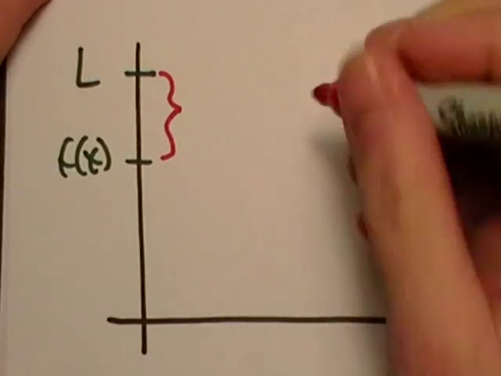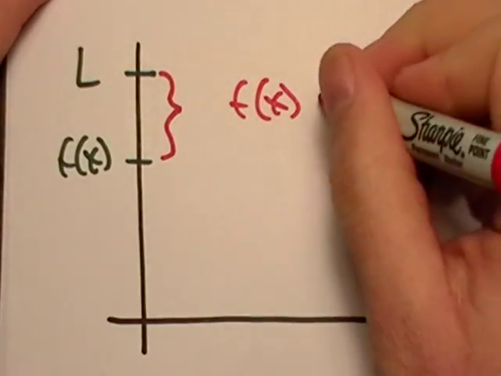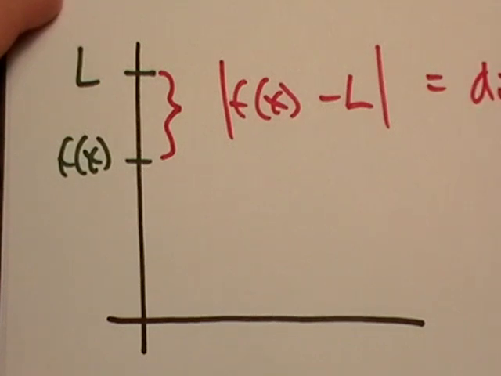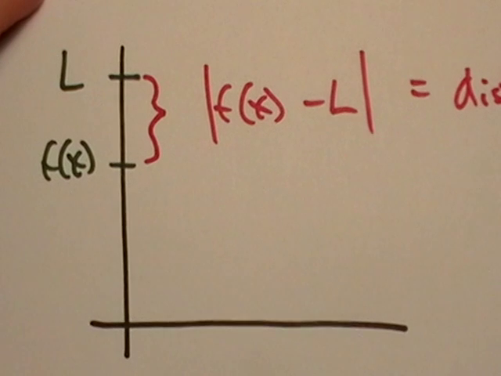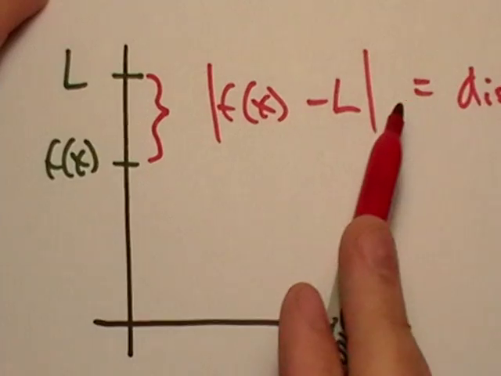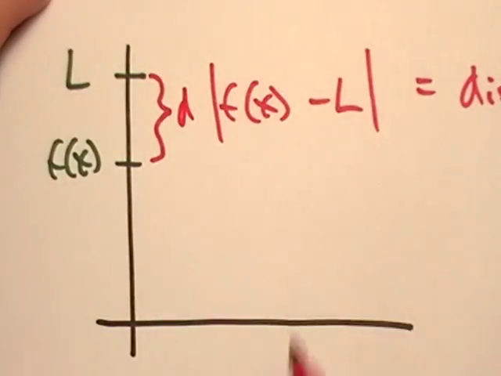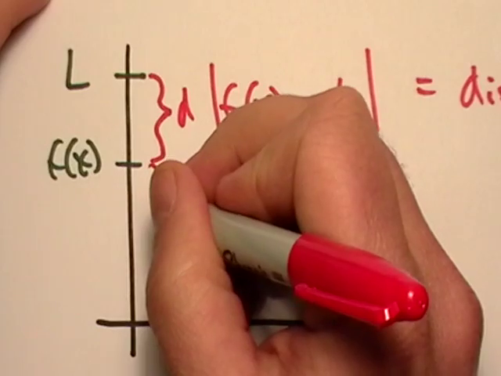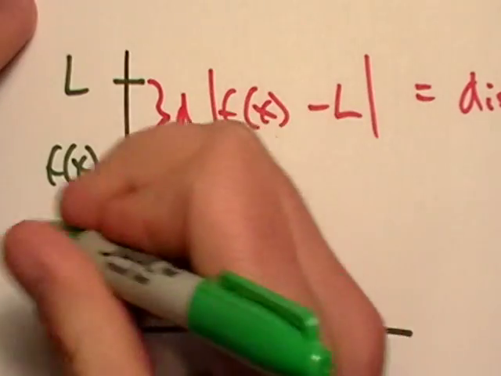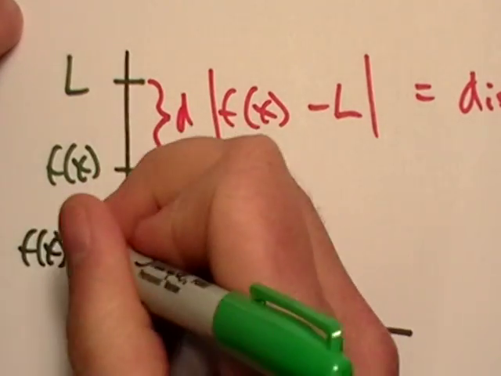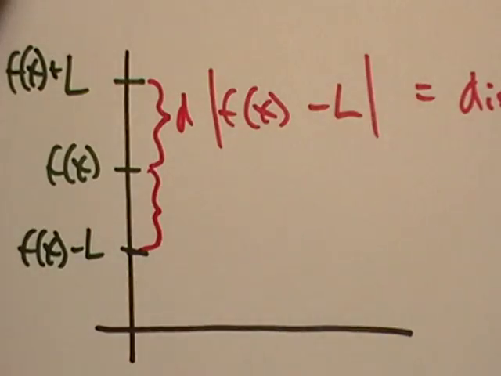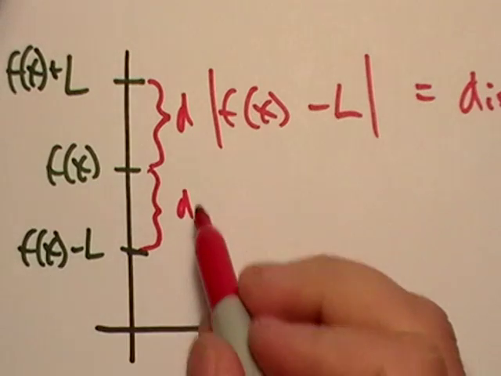You could call this f of x minus L, and that would equal the distance between those two things. And likewise, if I came up with this distance, we'll call it d, then this value is still okay, it's just that this is f of x minus L, and this is f of x plus L. But the distance itself is still d.